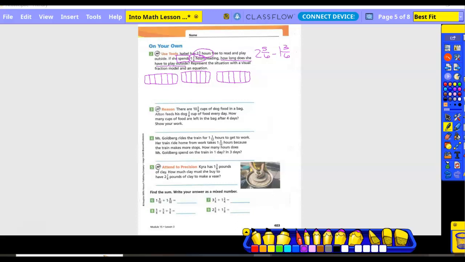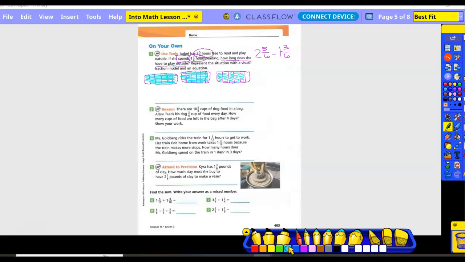And then how much do I shade in? Shade in 2 wholes and then 5 of the last one. Right. 2 wholes, and then 5 of the last.